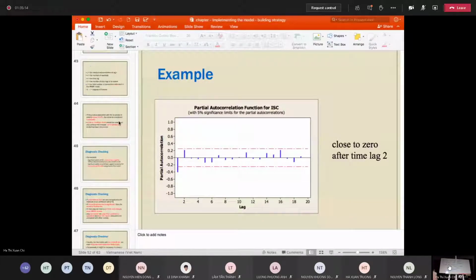You remember what AR is, cut off, die out? Remember? So please open that slide so you can see that.